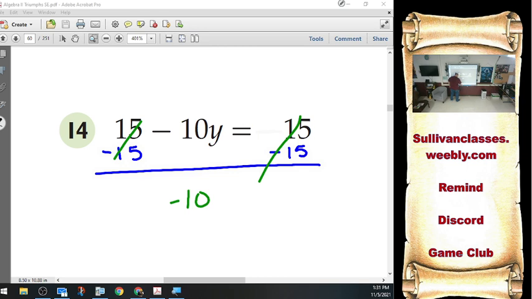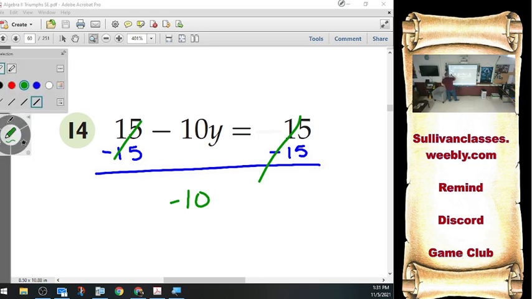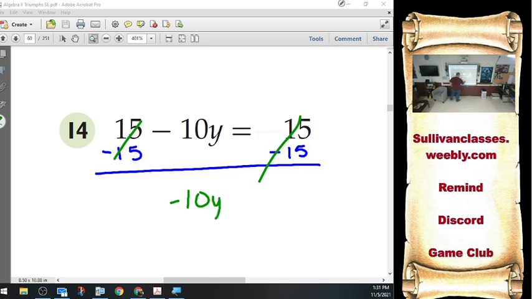Okay. So if I can't move the equal sign, then that means the equal sign is here. If we add 25 to negative 10, we could get 15.